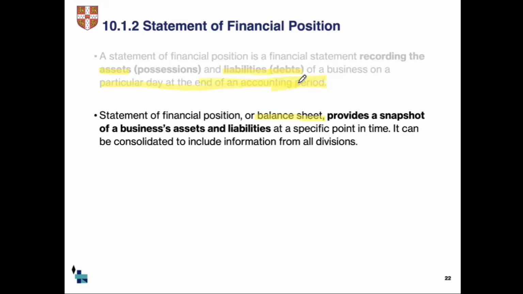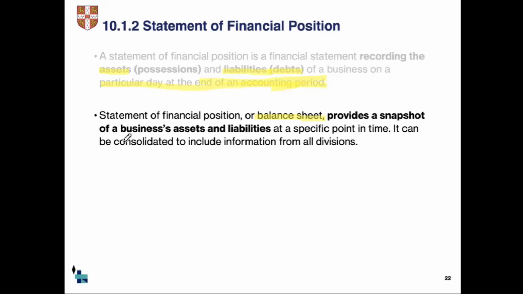All right. So the statement of financial position provides a snapshot of a business's assets and liabilities at a specific point in time, and it can be consolidated to include information from all divisions. So if the business has branches, if the business has divisions or other operations outside the country, we want to know what is the value of all of these assets in all of its divisions.